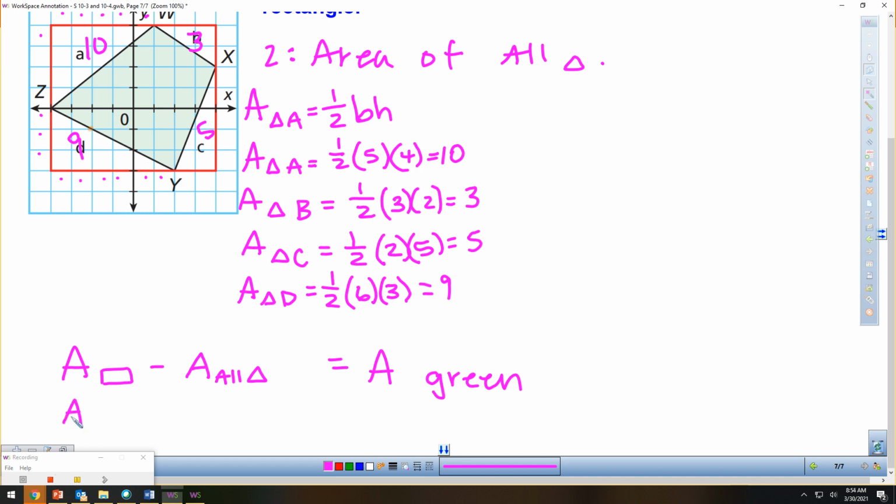So the area of my rectangle is just going to be base times height. So the base of this is 1, 2, 3, 4, 5, 6, 7, 8 times the height, which is 1, 2, 3, 4, 5, 6, 7. And we're subtracting that from 9 plus 5 plus 3 plus 10. Well, I'm subtracting all of them, so minus 9, minus 5, minus 3, minus 10.